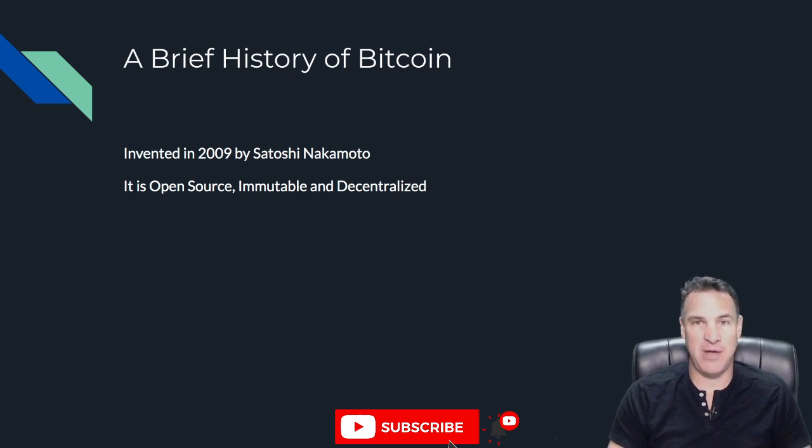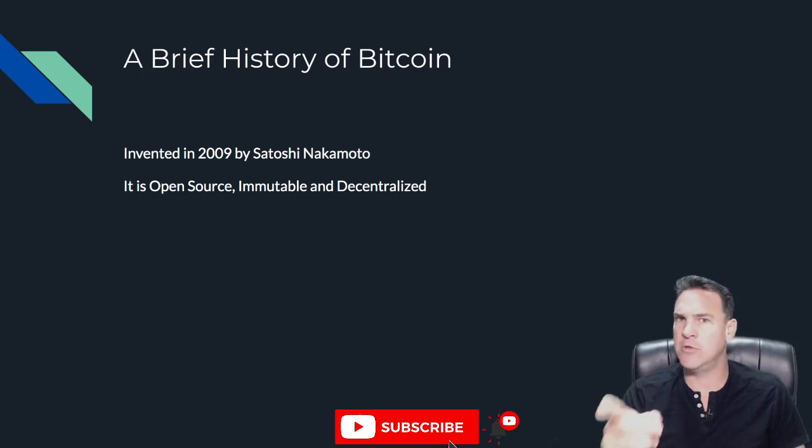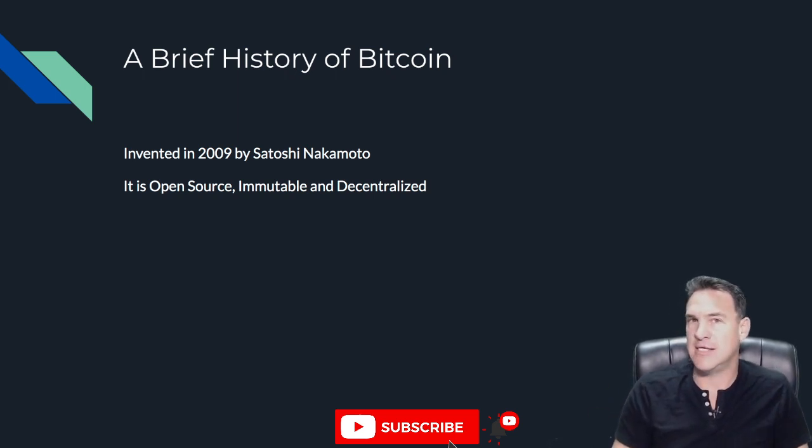There have been millions of pairs of eyes on it. So although I can't code, I have complete faith that it does exactly what it says it does, because millions of pairs of eyes have looked at it, and any one person can say, nope, see this little cheeky code back here? It doesn't do what it says it's going to do. So this has been extremely well vetted because it is open source. And that means we can trust it to a very, very high degree.